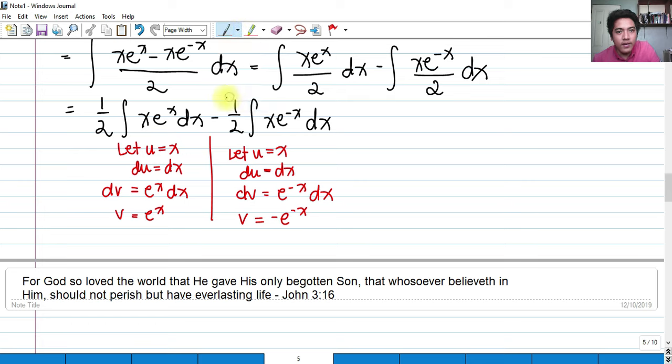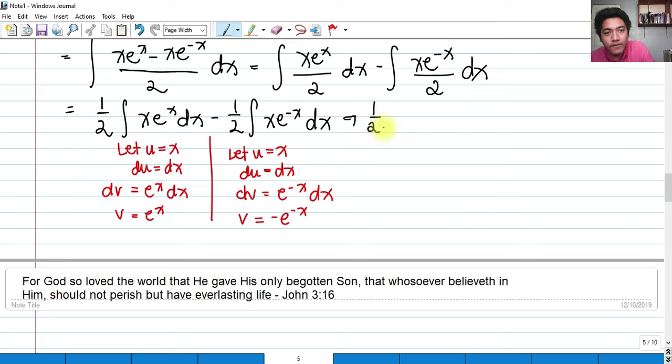So what will happen here? Again, we're going to perform integration by parts. Recall that the formula is uv minus the integral of v du.